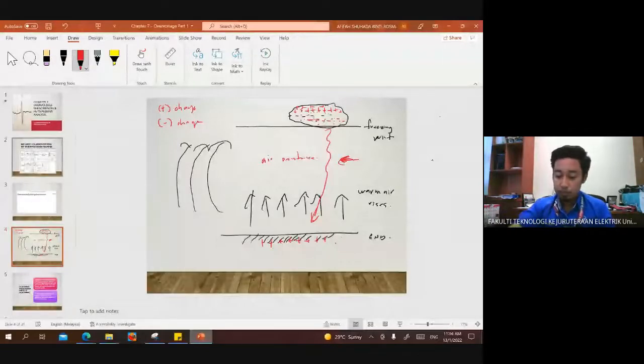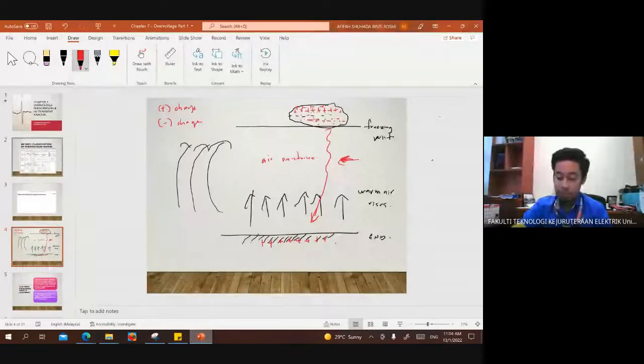Okay, so this is the simple explanation based on the illustration. So based on the lightning, we can differentiate the types of lightning. We have lightning from cloud to cloud.